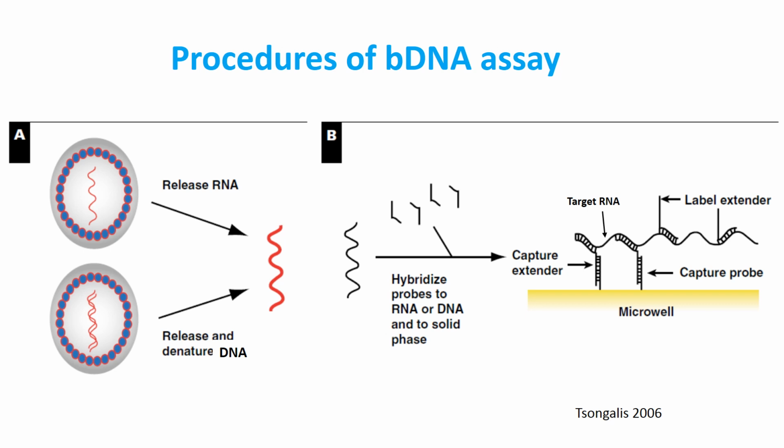The next step is the complementary hybridization of target DNA or RNA with capture extender molecules and label extender molecules. Then the developed big molecules containing target DNA or RNA are fixed to microwell by complementary hybridization with capture probes on microwell.